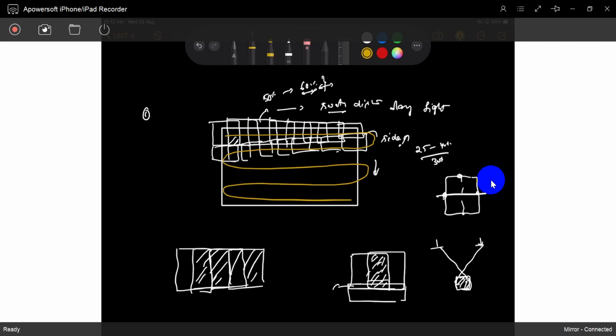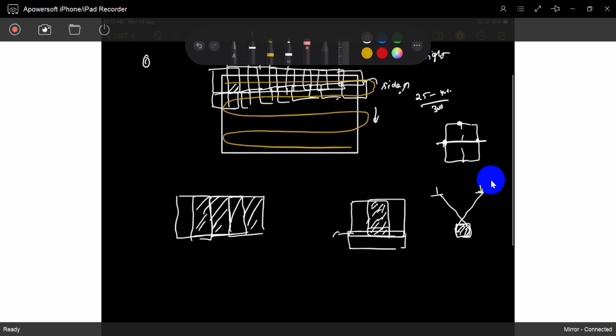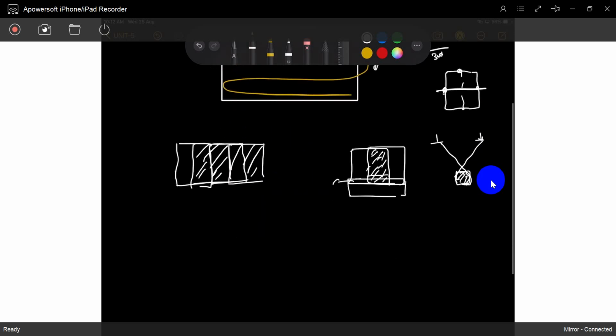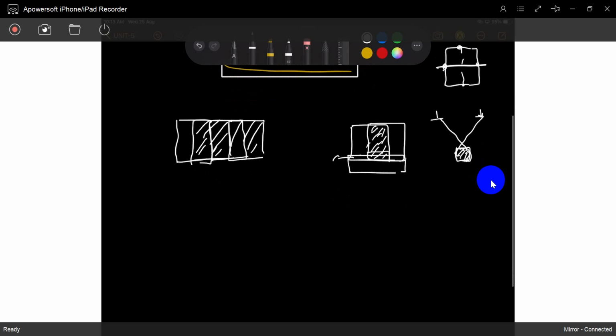So now you can identify how many photographs are required to cover the total area. To cover a total area, see how many photographs are required. So how can we calculate? Something is there, an area.